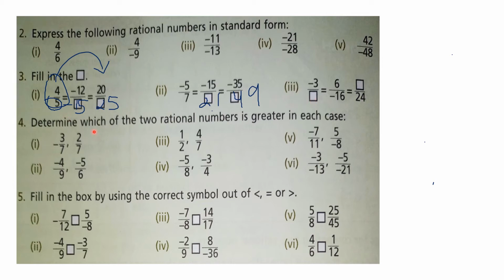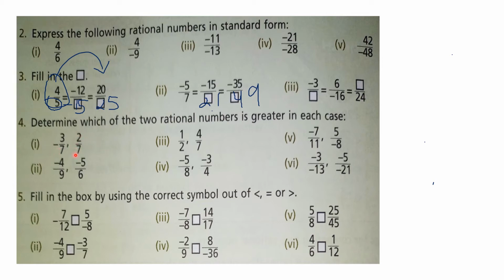Okay, in question number 4, you have to determine which of the two rational numbers is greater in each case. Means you have to compare the fractions, and whenever we compare fractions, the denominator should always be the same. So in the first case, the denominator is 7, so it's very easy to compare them, and we know that negative numbers are smaller than positive ones.